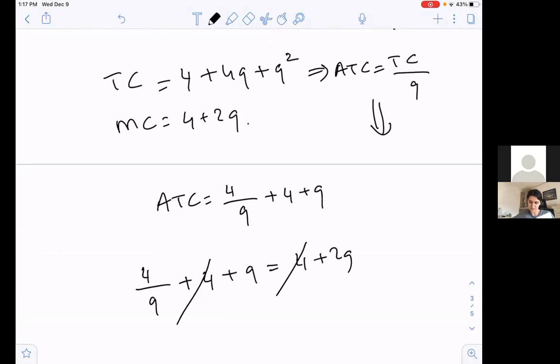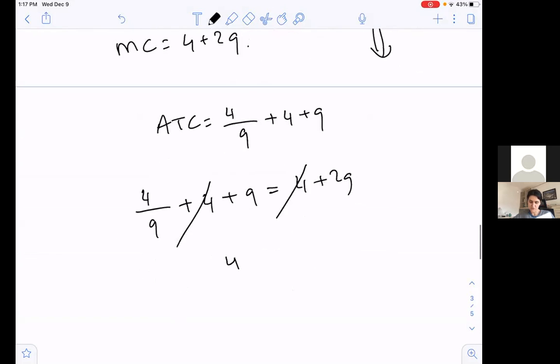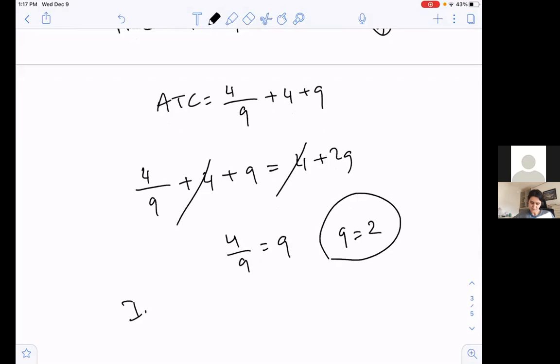These 4s cancel out. 4 over Q equals Q, and we found Q as 2. In the short-run we found production as 3, but in the long run, each firm will produce Q equals 2.